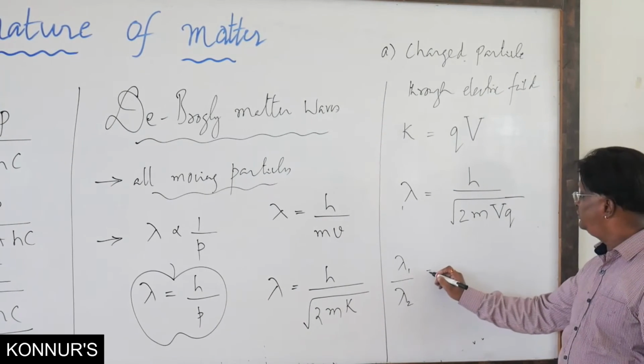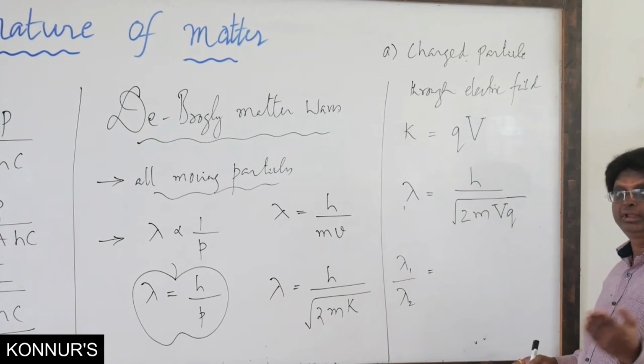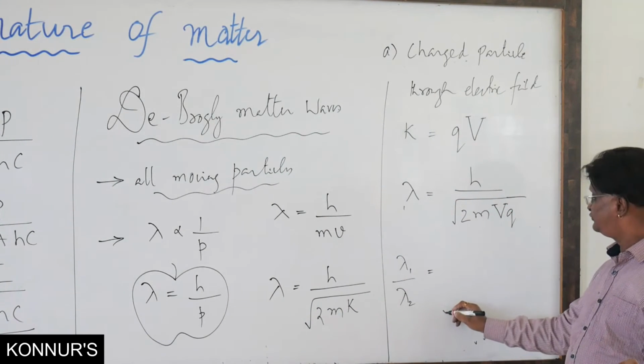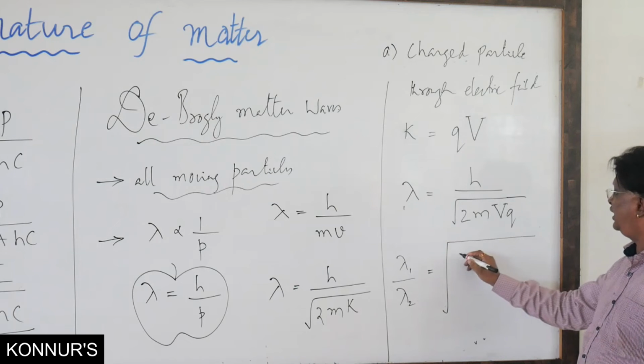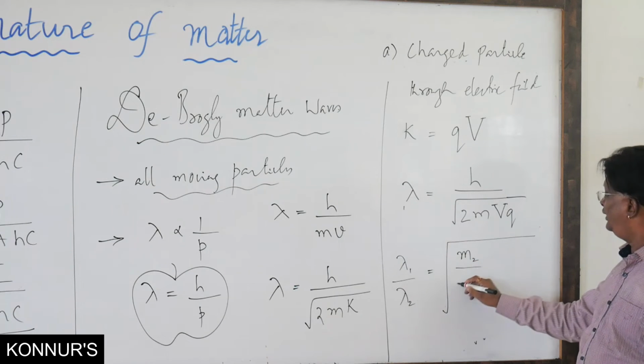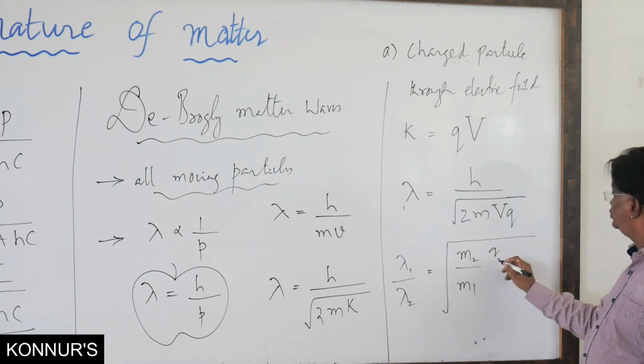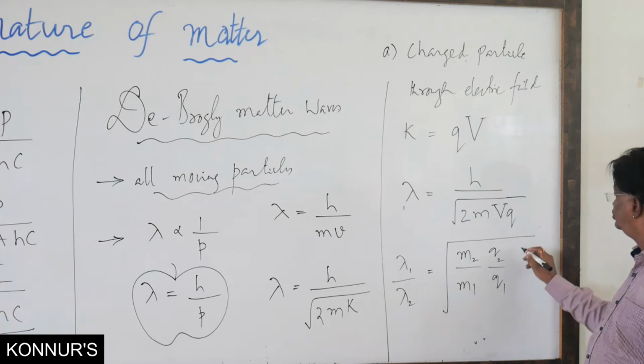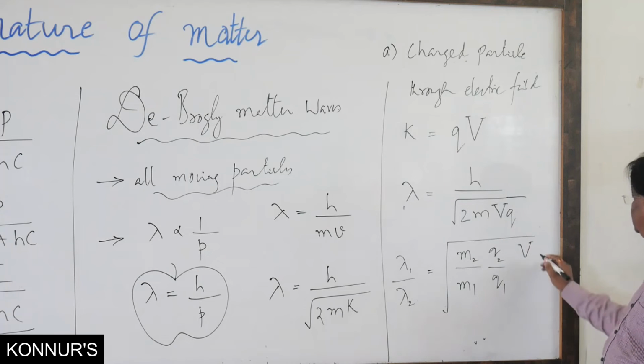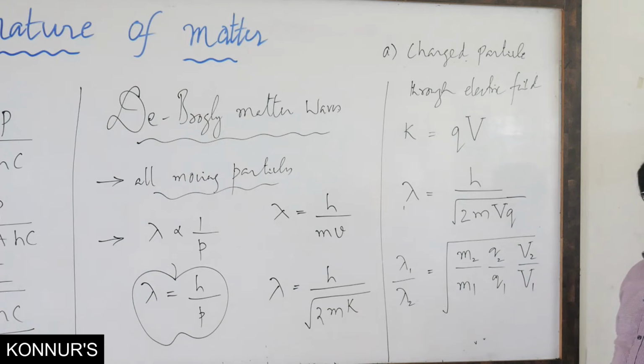So lambda 1 by lambda 2, all the results you are getting inverse and square root. Therefore I am writing a square root under which I am writing m2 by m1, q2 by q1, and this is V2 by V1. Remember I am writing capital V for the voltage through which the particles are accelerated.